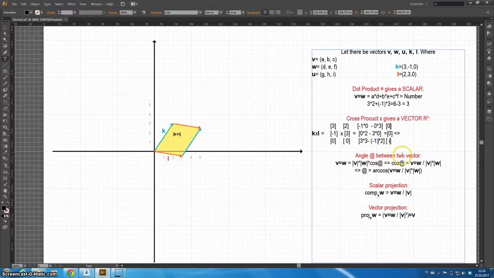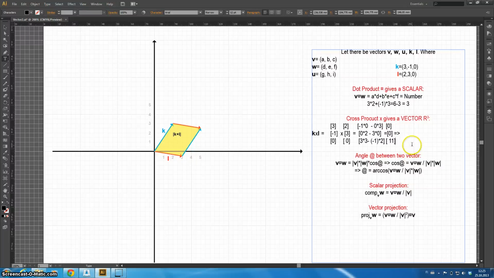So there we have a 9, and plus 2, it's 11. So we have another vector which comes out of the screen 11 units.